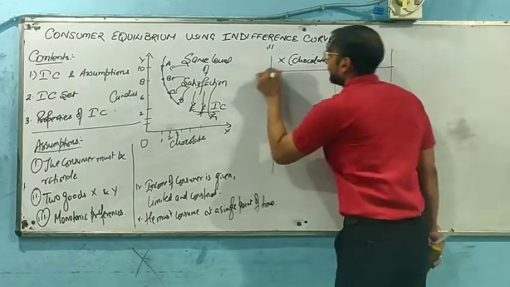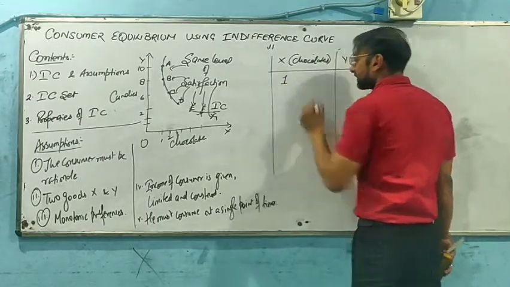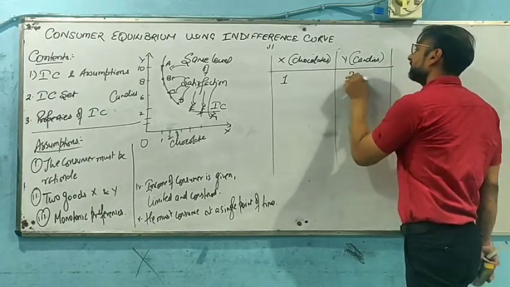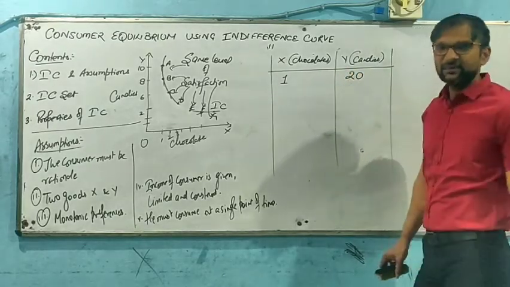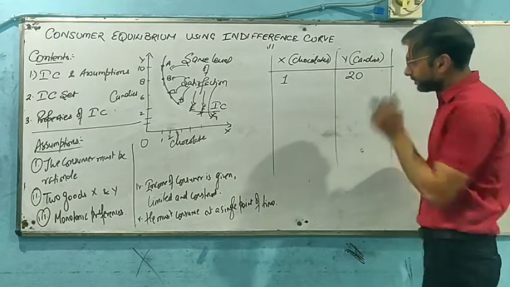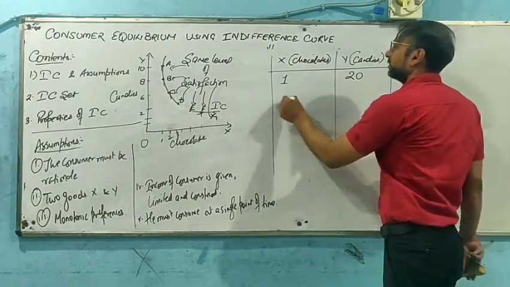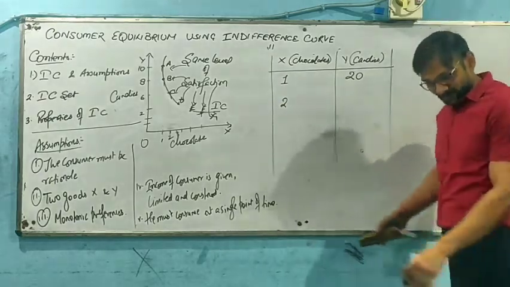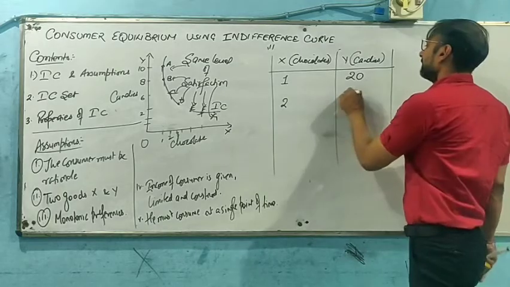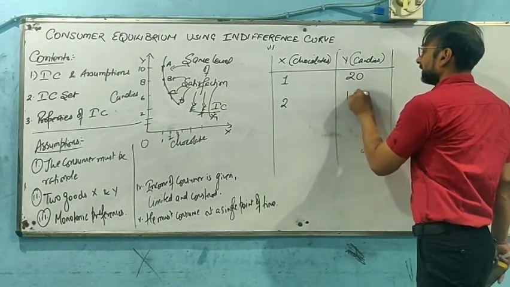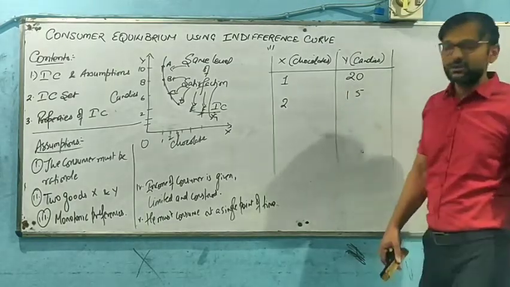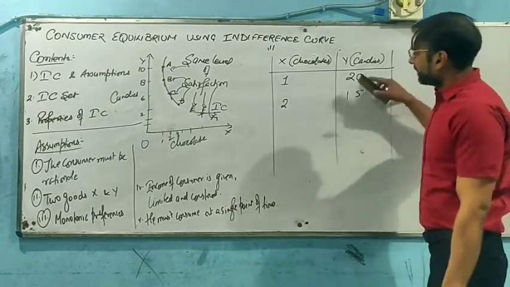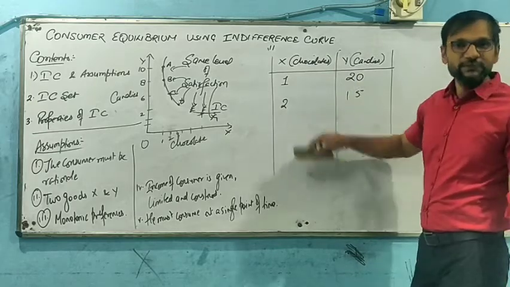We already told you, if a consumer is consuming 1 unit of chocolate and say 20 units of candies, for example, and if he wants to consume a second unit of chocolate, he would definitely like to sacrifice many units of candy, say 15. You will like to sacrifice 5 units of candy for 1 unit of chocolate.